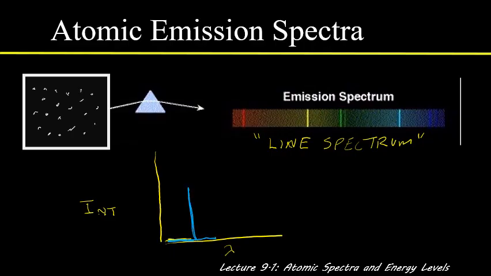So you get a high intensity at only a few specific wavelengths, and the intensity is 0 everywhere else. So that's what a line spectrum would look like. And pretty much all atoms, when you heat them up and they emit light, you're going to get some kind of a line spectrum. The position of all those different lines is going to be different for each atom.